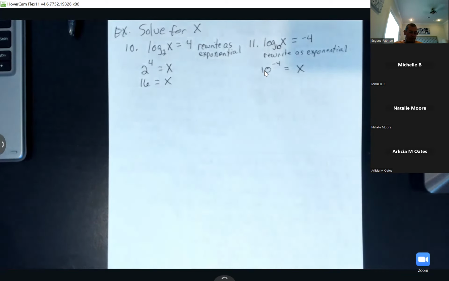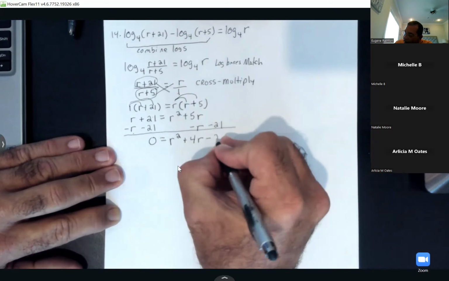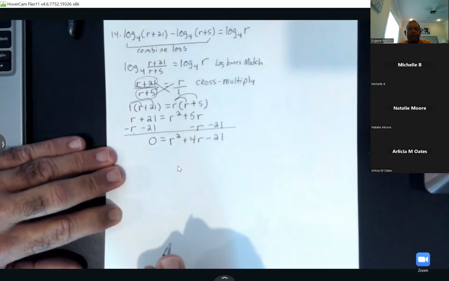So all we got on the left side is a big 0. We got an r squared. Now, like terms will be the r's. 5r minus 1r is going to give us a positive 4r. And then y'all bring down your negative 21.